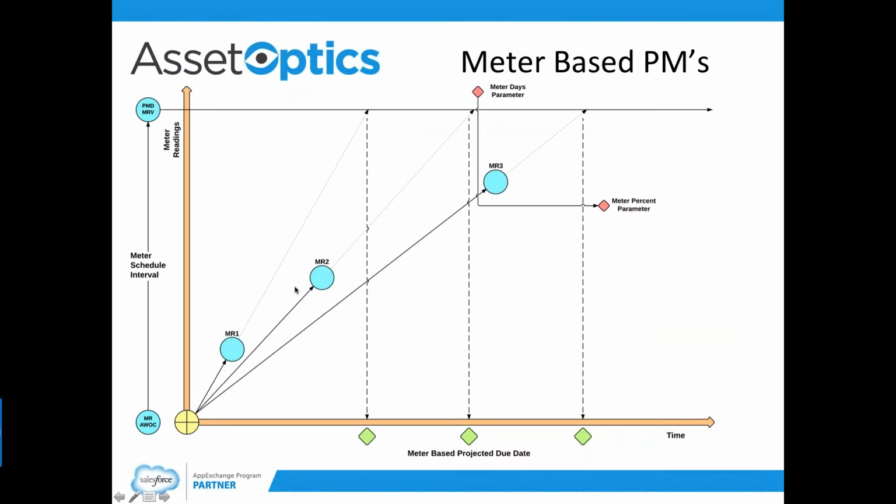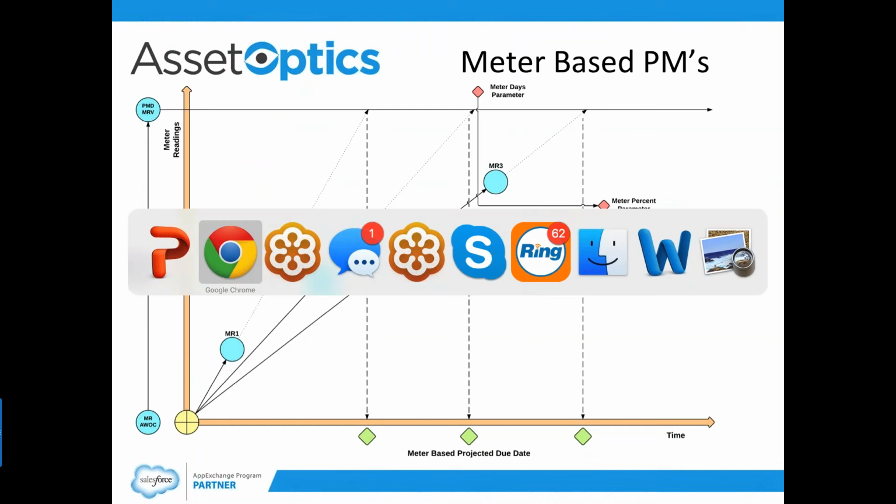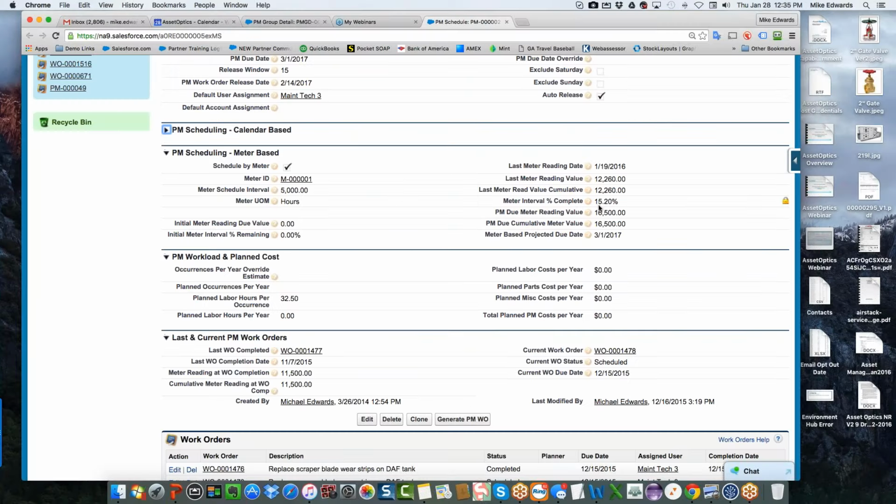Okay? And as you continue to enter meter readings into the system, you begin to reduce the number of hours that are outstanding. In other words, you are increasing this value right here, the meter interval percent complete.